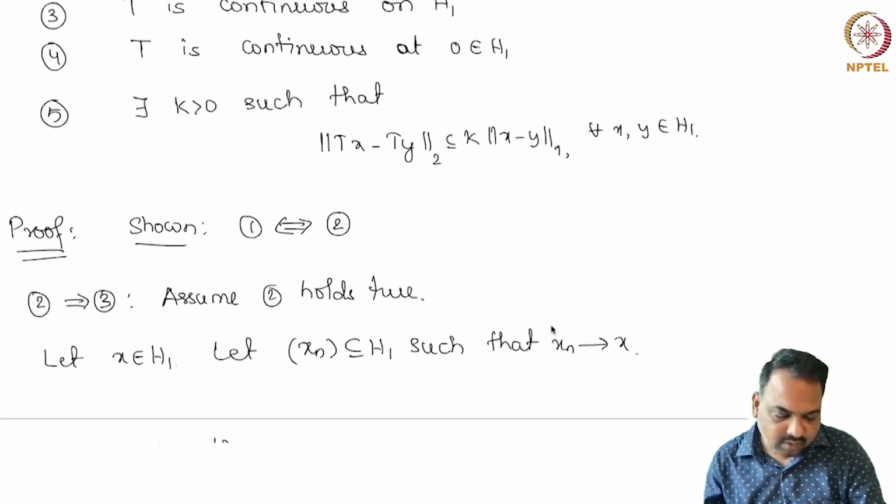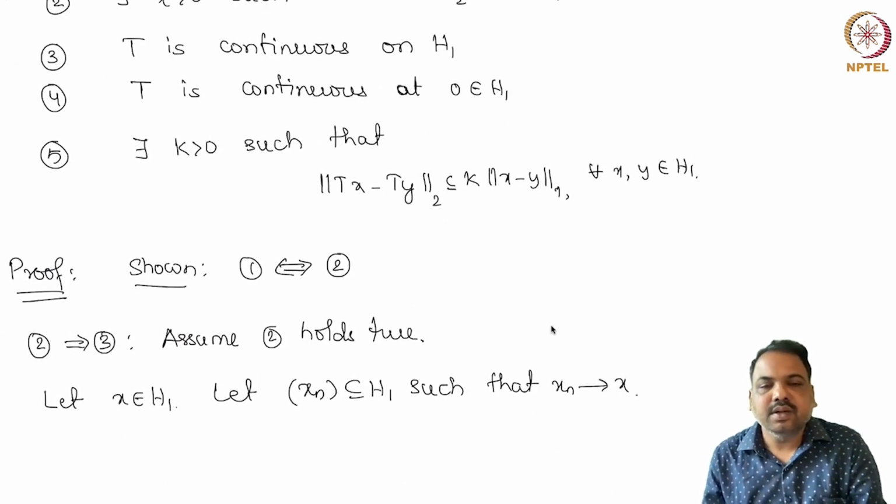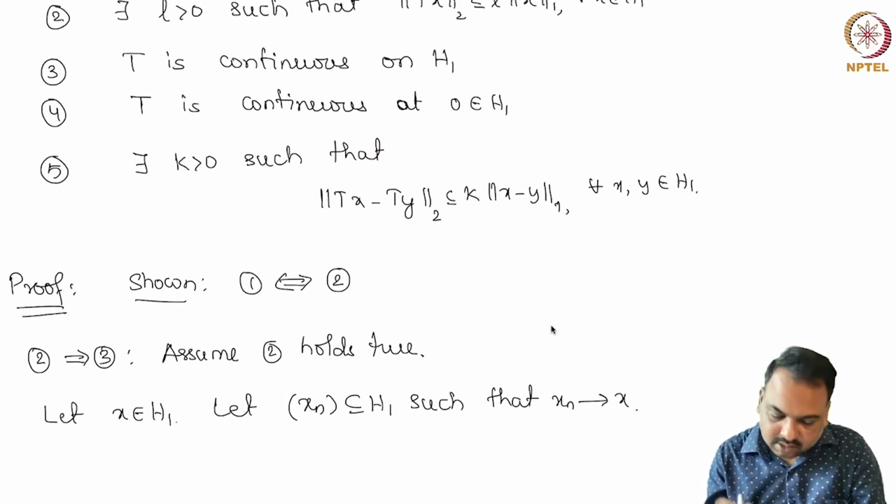Now we want to show that 4 implies 5. That means we have to assume that T is continuous at 0 and show that T satisfies this condition. This condition is known as the Lipschitz condition.